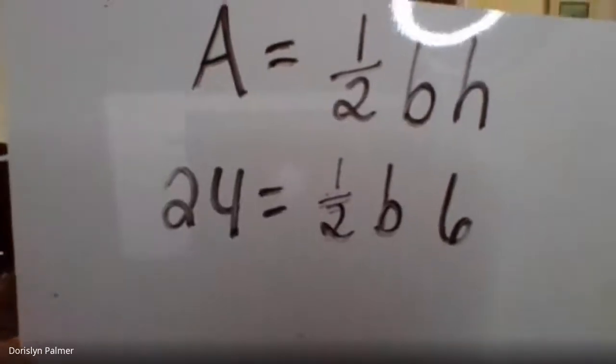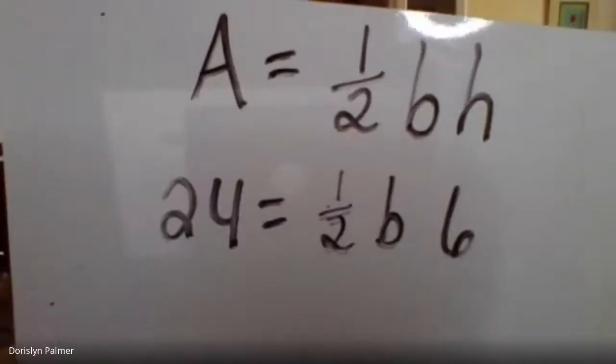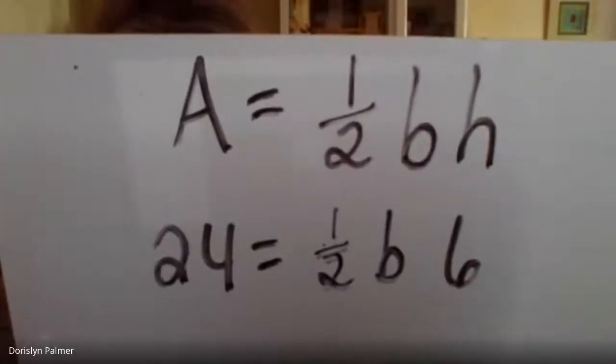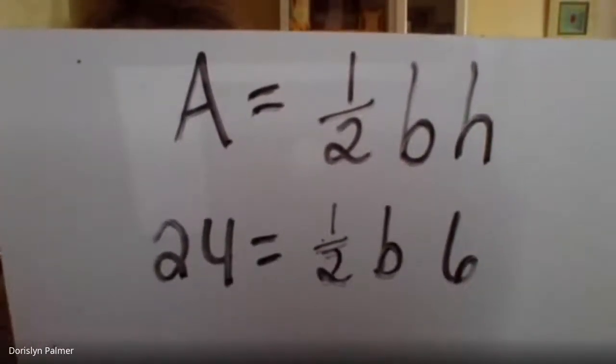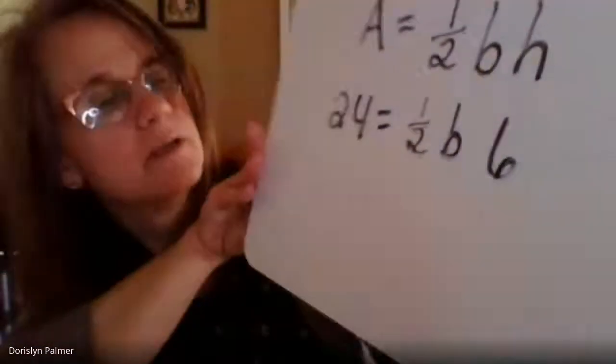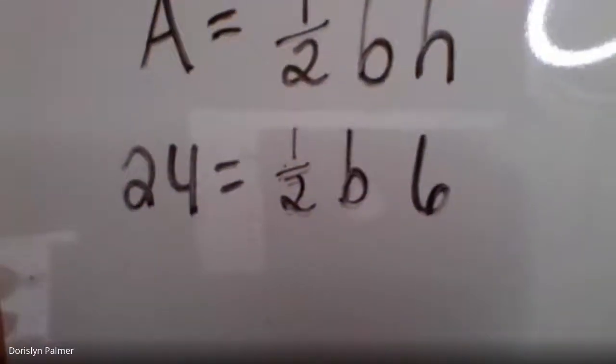You guys might be able to do that by looking at it, but let's do it algebraically, because eventually we'll come up with some more difficult equations we can't just look at and solve. Okay, so you should have this written, 24 equals 1/2 B times 6. Okay, next line, we're going to put together the 1/2 times 6.